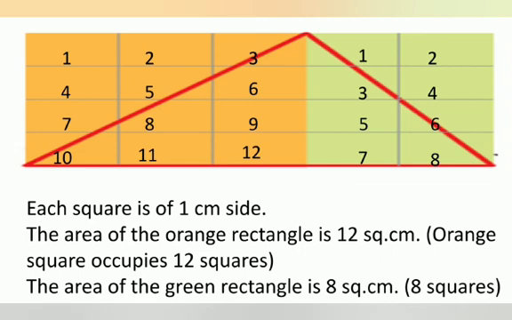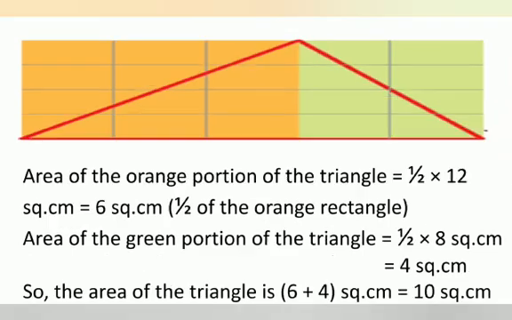So, the area of the green rectangle is 8 square centimeter. Now we have calculated the area for both the orange and the green rectangles. Can we now calculate the area of the red triangle? Yes, we can. Let us see how.